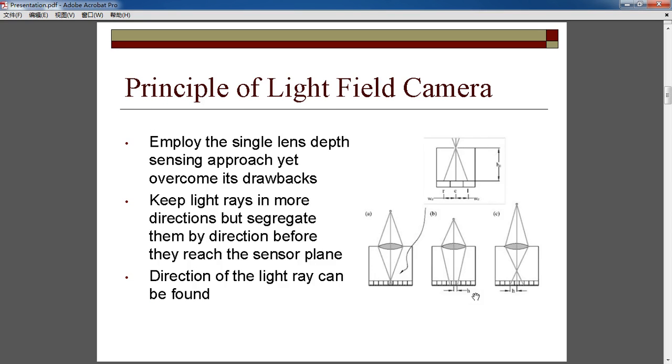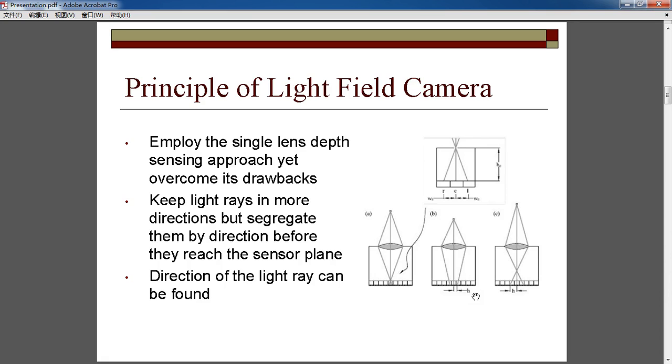Let's then talk about the principle of the light field camera. The light field camera gives us the opportunity to employ the single lens depth sensing approach yet overcome its drawbacks. The difference between the light field camera and the single lens approach is that they use different strategies to retain the direction information of light rays.